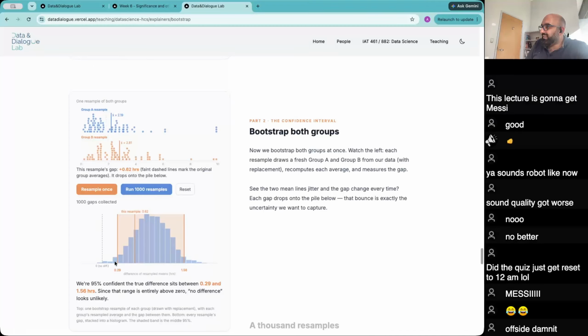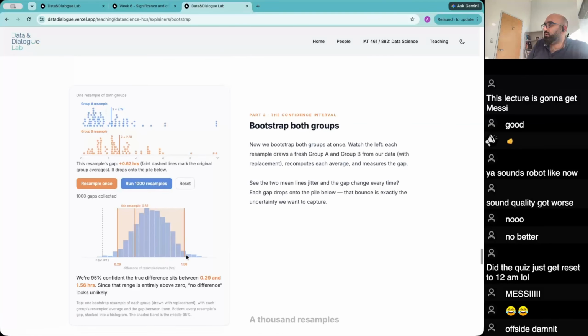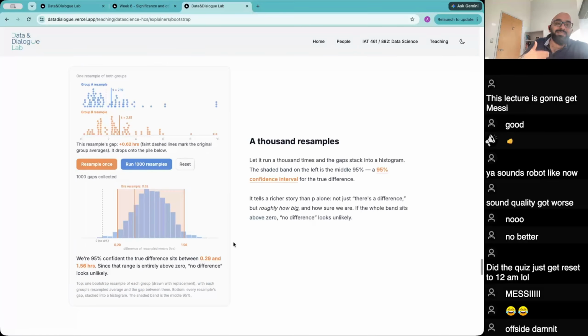And that it's very unlikely, because this is more than 0, it says, okay, it looks significant. It's another way of thinking about significance: look at the difference, maybe just do this method, and then look at how different they are. We do this in all sorts of different ways you're going to see. So this is our 95% confidence interval. So when we talk about it, just remember, it's not that complicated of a problem.